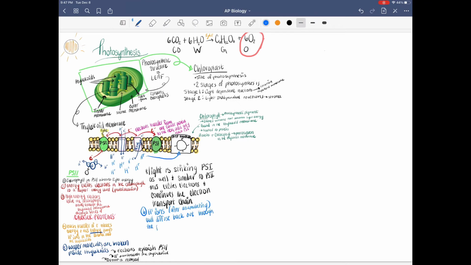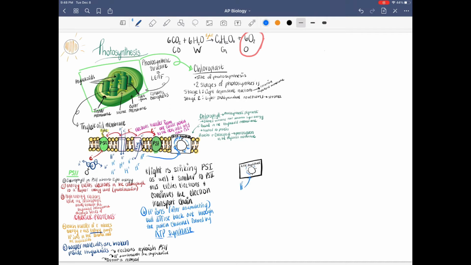We're going to think of this as like a rotor as the hydrogen ions move through the ATP synthase. It's called ATP synthase because it's synthesizing ATP.